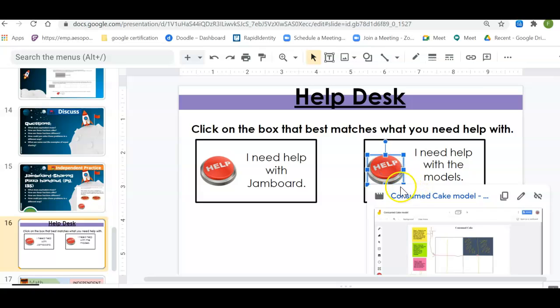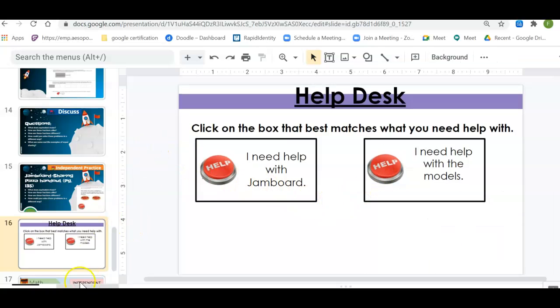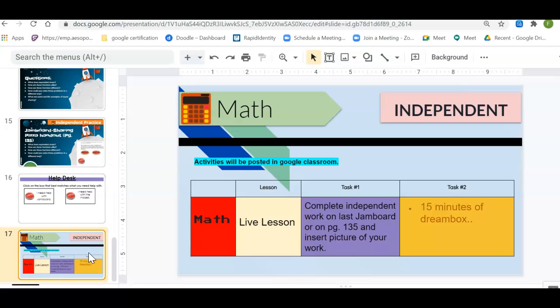If you click on it, it'll help you with working on models. And lastly, this is just a reminder of your independent work. Remember, you're finishing up page 135, either on the Jamboard or in your math binder. Also, 15 minutes of Dreambox.